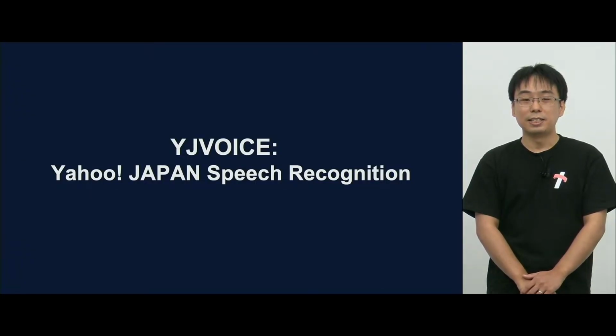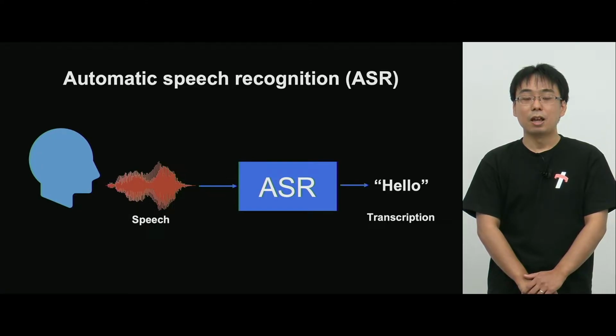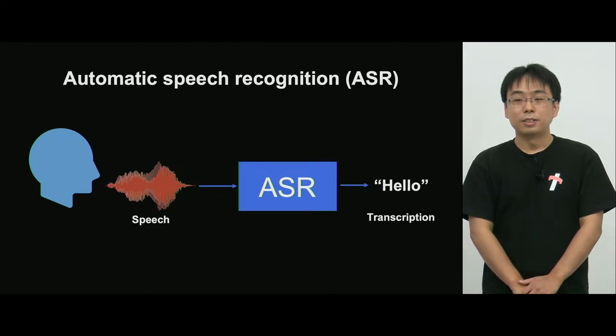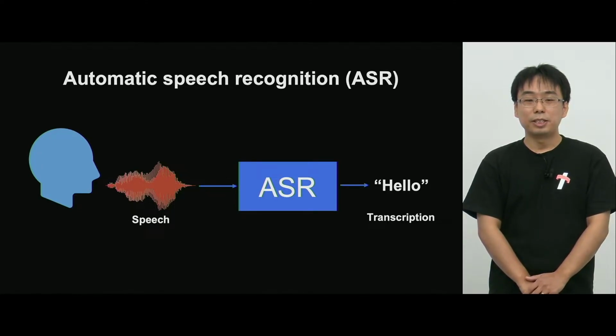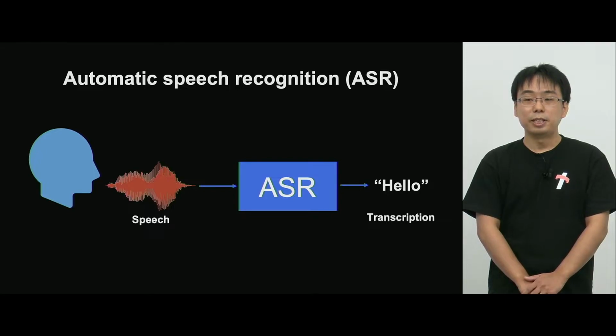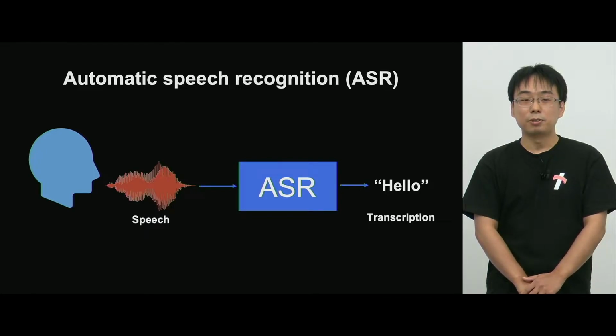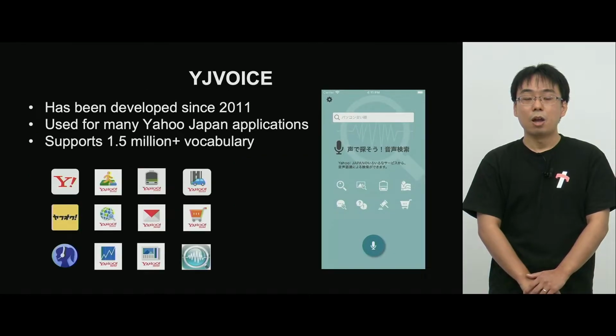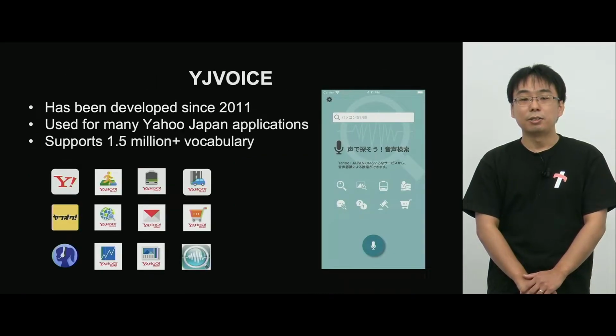First, I would like to talk about YJVOICE, which is the Yahoo Japan ASR engine. ASR is to estimate the text of speech from the user's voice. By using this technology, it is possible to realize voice search or dialogue-type agents.